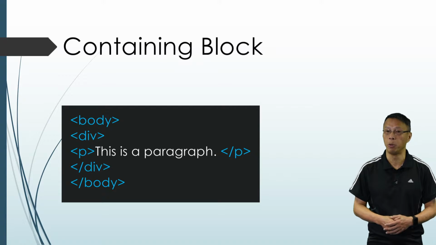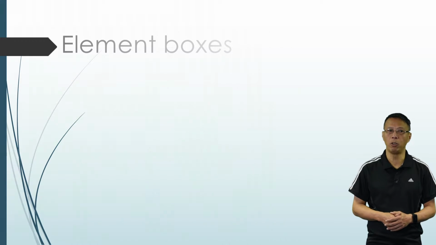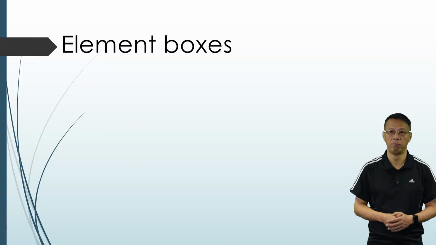That is the example shown on the slide. The div's containing block is the body. You don't need to worry about inline elements, since the way they are laid out doesn't depend directly on the containing blocks.